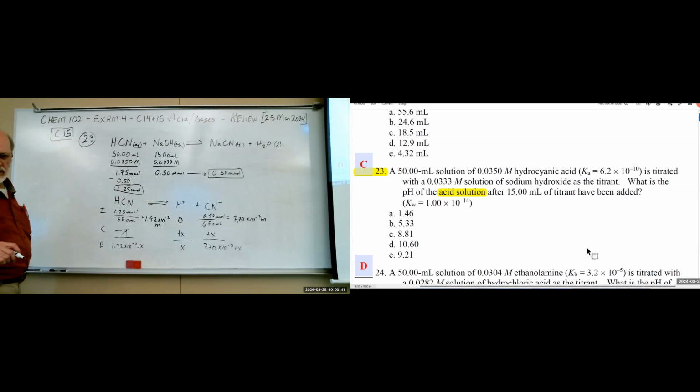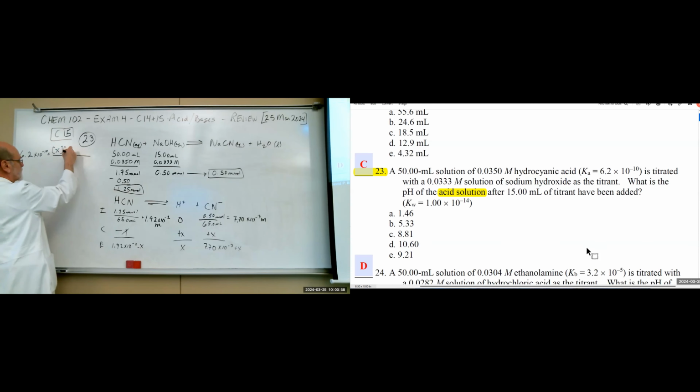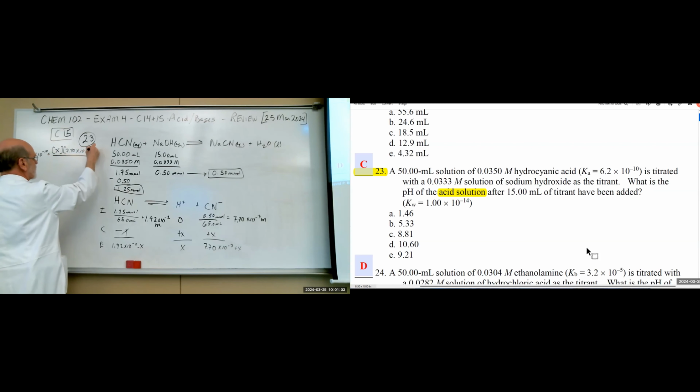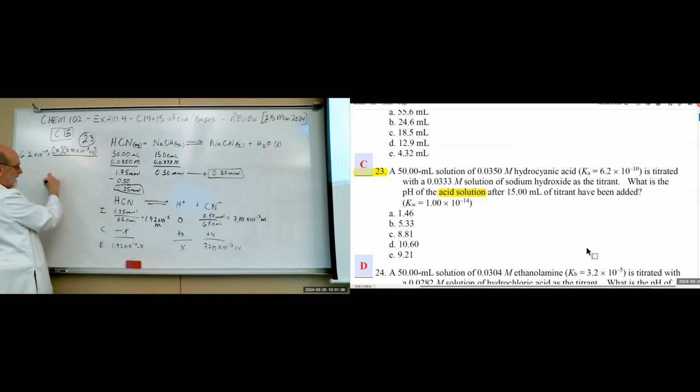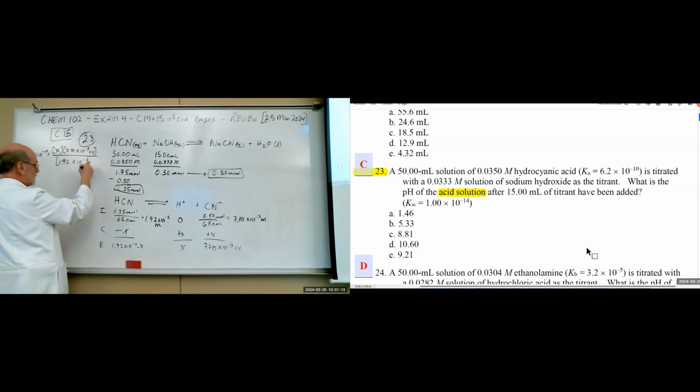All right, so we're going to use 6.2 times 10 to the minus 10. 6.2 times 10 to the minus 10 is equal to x times 7.70 times 10 to the minus 3 plus x, divided by 1.92 times 10 to the minus 2 minus x.